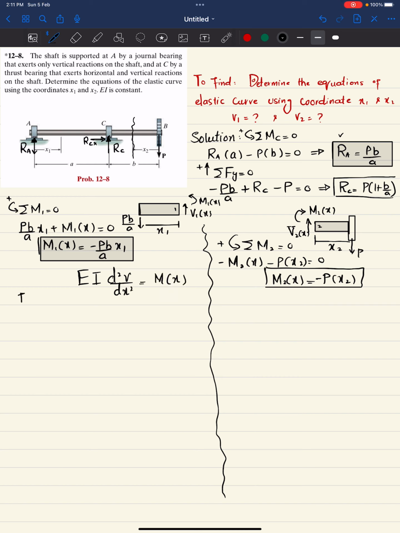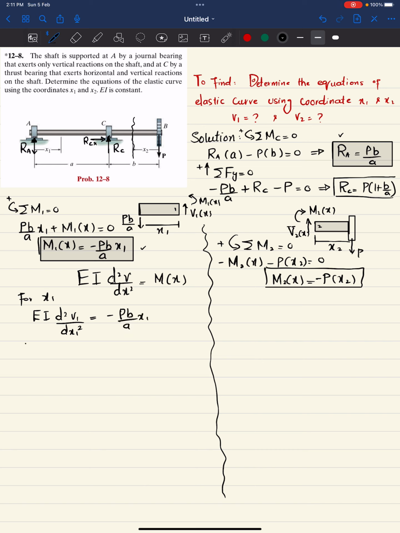So for coordinate x1, this equation will become EI d²v1/dx1² equals M1x, and M1x is minus Pb/a times x1.